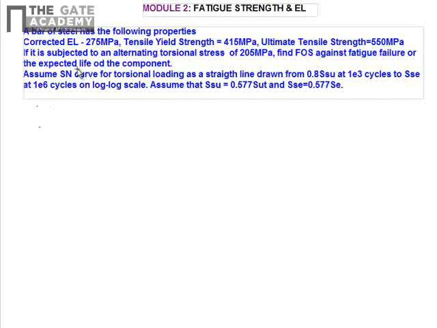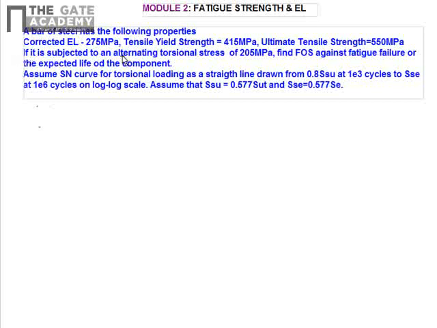Okay, we'll take another problem. A bar of steel has the following properties. Corrected endurance limit is 275 megapascal. Tensile yield strength is 415 megapascal. Ultimate tensile strength is 550 megapascal.